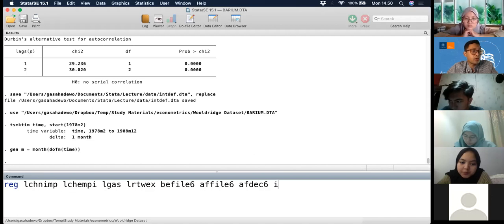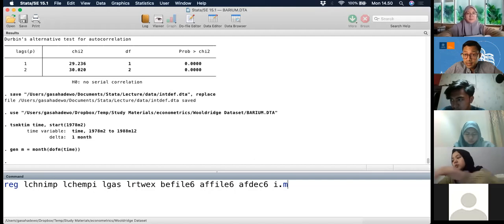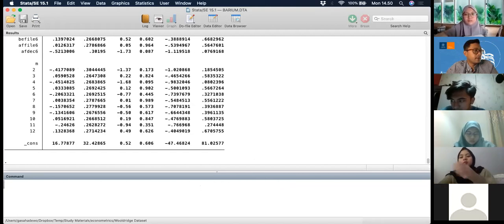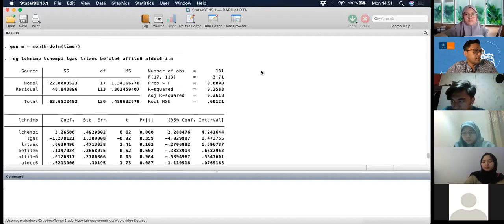And you can also include what's called the month dummies. Why do you want to include the month dummies? You want to include the month dummies to ensure that you take into account any seasonality in the outcome of interest, and the seasonality here is on the monthly level. So this is a regression where we take into account the seasonal dummies. Okay, so that's the regression.